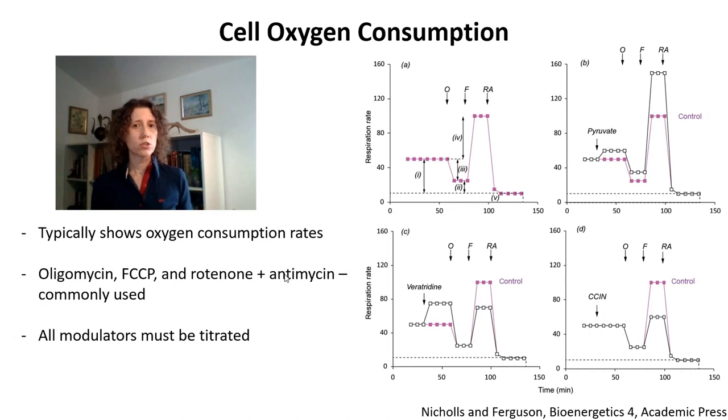And actually the Seahorse Company has a lot of experiments designed in this sense. You can look at those on their website. There are lots of different things that you can assess using these oxygen consumption measurements. We're going to stick to this basal, oligomycin, FCCP, rotenone antimycin experiment here because it is by far the most used experiment. And it's actually an experiment that tells you a lot about oxidative phosphorylation in situ.